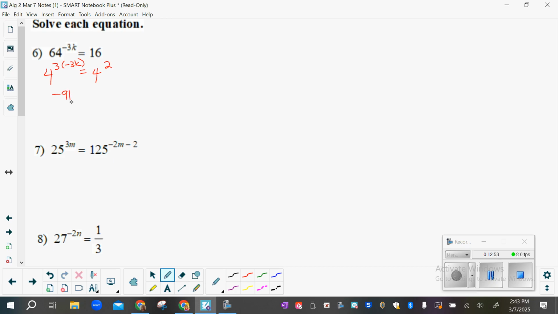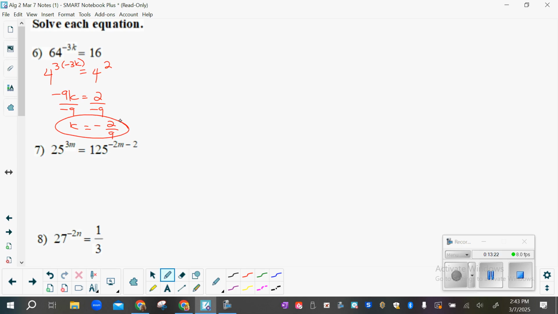Negative 9k equals 2. So we take our bases away. And then what's the next thing that I do? Divide by 9? We divide by negative 9, correct. So we have k equals negative 2 ninths.